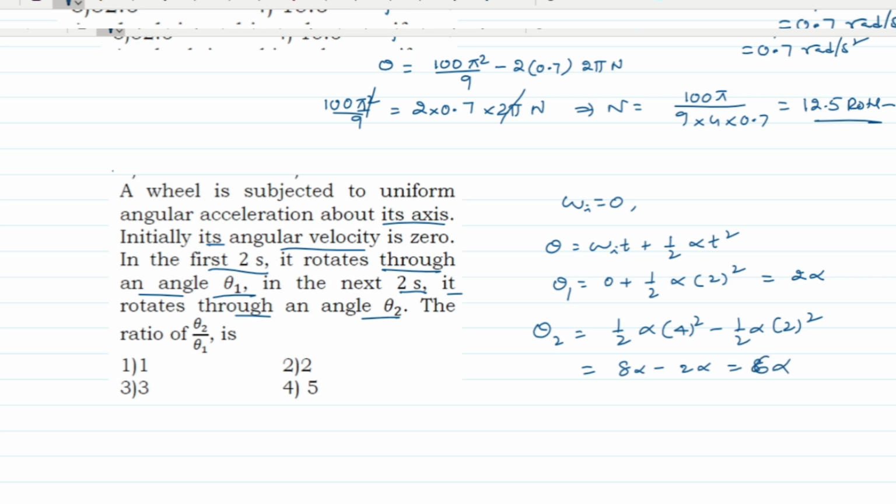They are asking theta 2 by theta 1, which is 6 alpha by 2 alpha, so we get 3 by 1. So 3:1 is the correct answer.